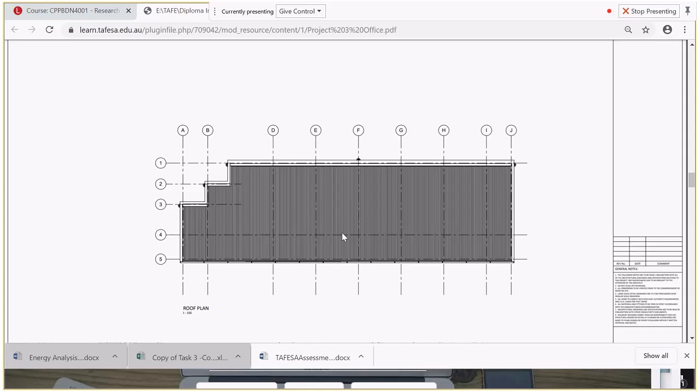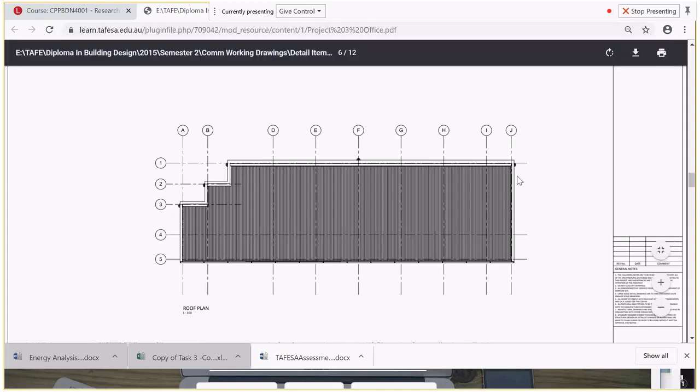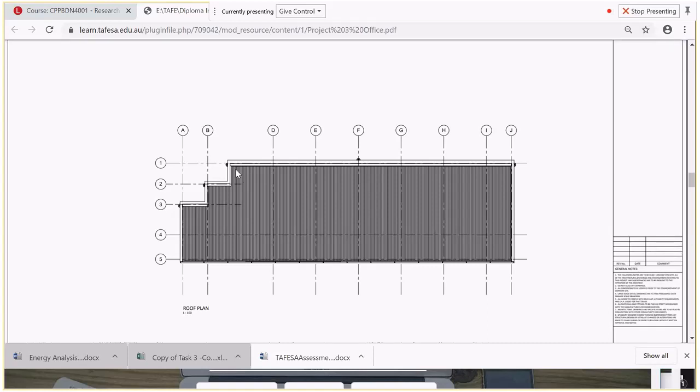The way we want to arrange our solar panels is in banks of 2. I'll just quickly draw it up for you guys. Let's say a really simple roof like this. We'll be wanting to put solar panels in banks of 2 like that, next to each other, and another bank of 2.